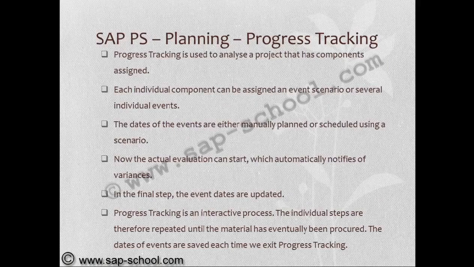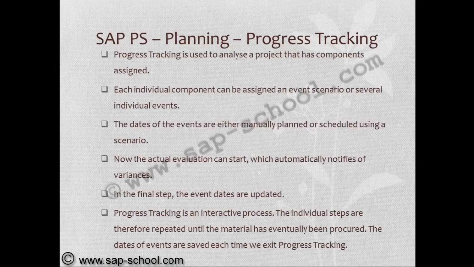Each individual component can be assigned an event scenario or several individual events. The dates of the events are either manually planned or scheduled using a scenario. Now the actual evaluation can start, which automatically notifies of variances. In the final step, the event dates are updated.